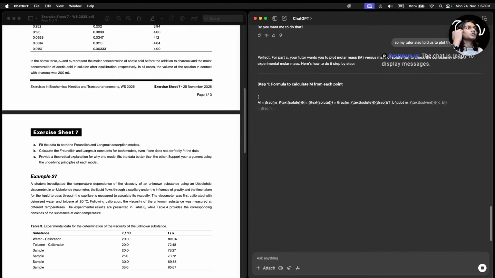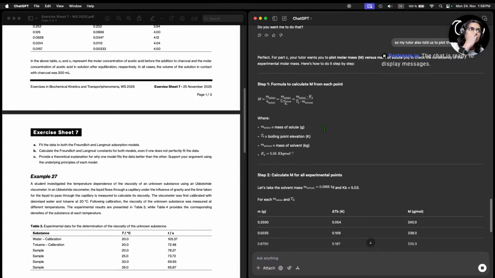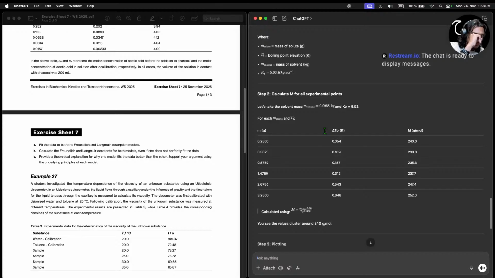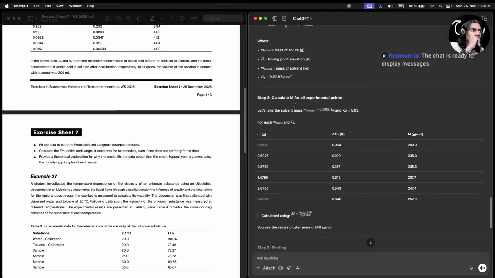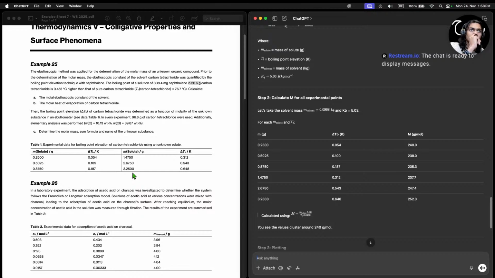Perfect. For part C, your tutor wants to plot mass. Calculate them for all experimental points. What are these experimental points?